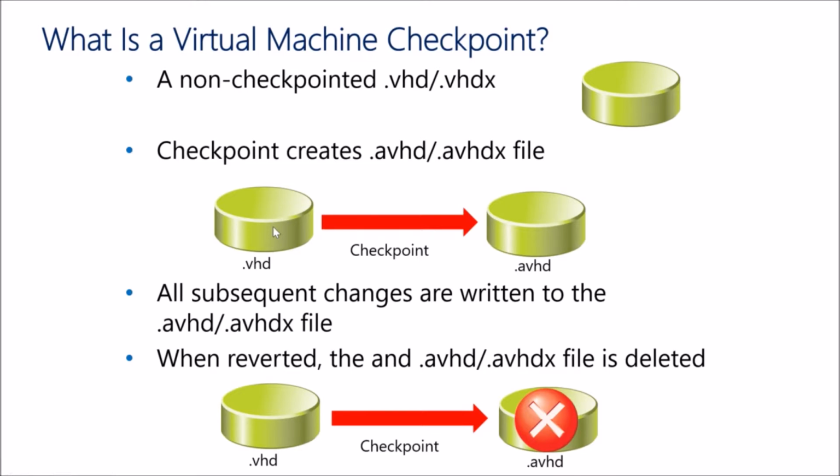So what about when you make changes to the virtual machine, to the configuration, the settings, or the data? Well, they still have to happen. Obviously, there's no point in a snapshot or checkpoint if you can no longer modify the virtual machine. You can't modify the original virtual hard disk file, but you spawn off a secondary virtual hard disk file, which in this case has the AVHD extension.